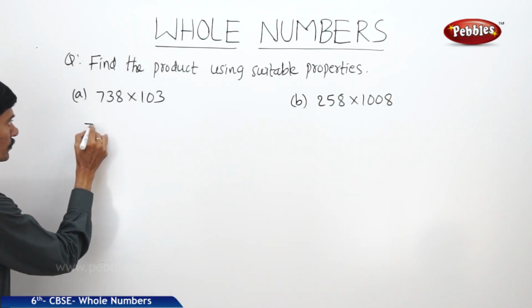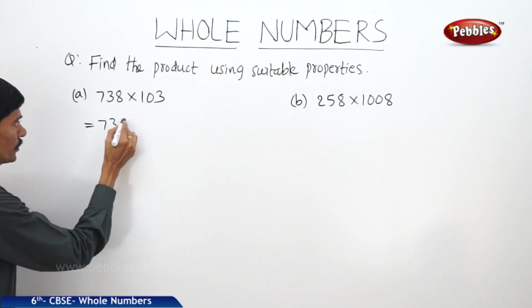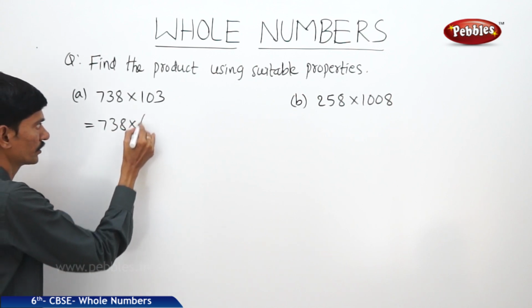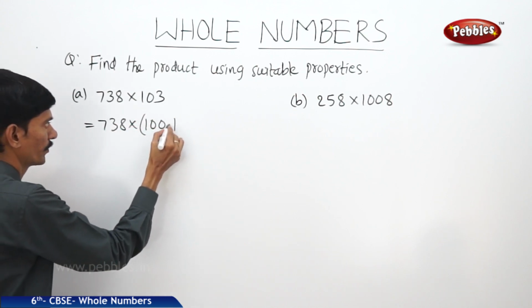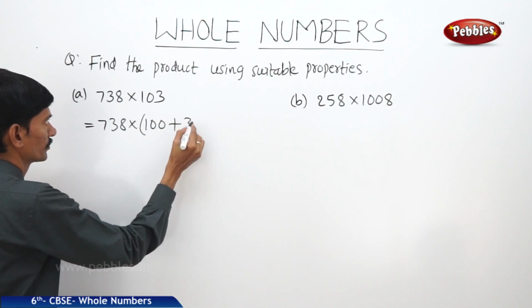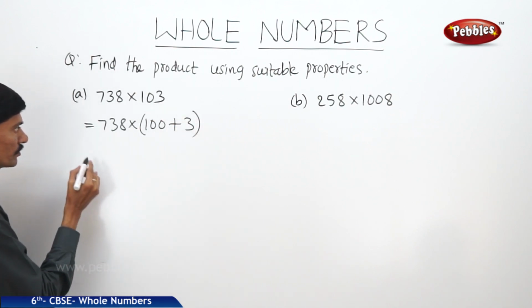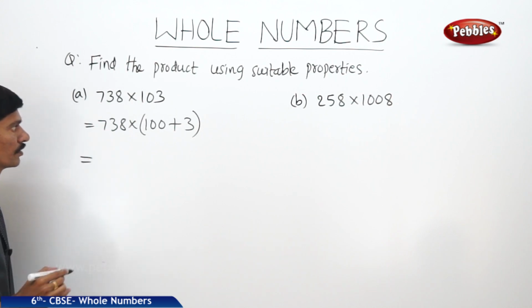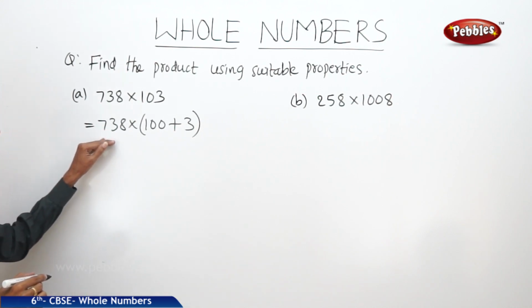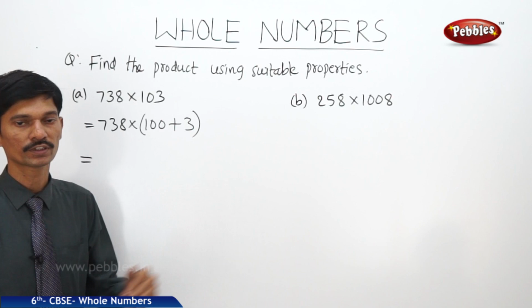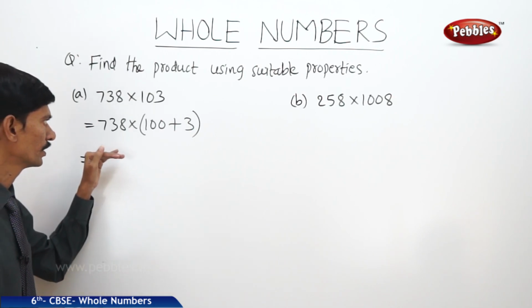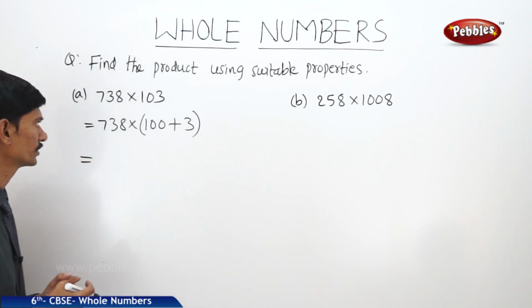So 738 into 103 can be written as 738 into 100 plus 3. Now when you multiply 738 by 100 plus 3, here we can use the distributive property of multiplication over addition.